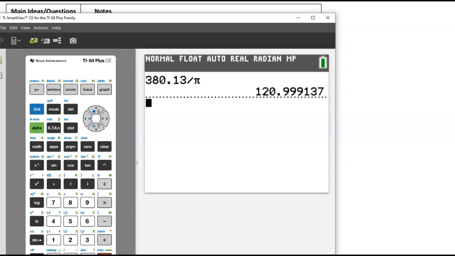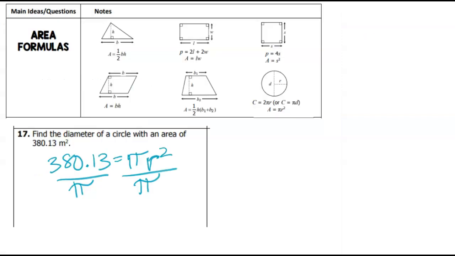So I have 120.999. I'm going to round that to 121. So I have 121 equal to r squared. And then I take the square root of both sides to get rid of that square on the r, and the square root of 121 is 11. Let me get my label in there. So I have r is equal to 11 meters.